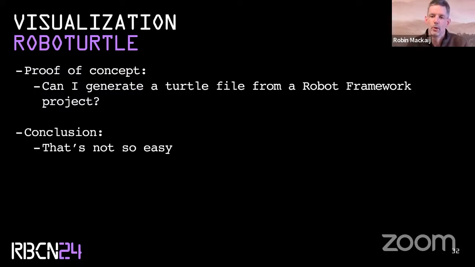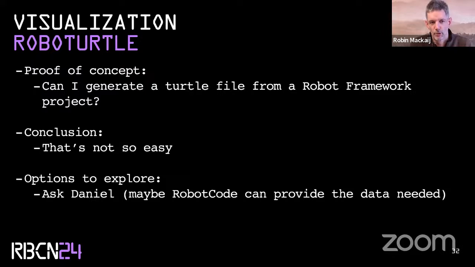The whole way Robot Framework parses our suites and imports, loads, and relates things, you kind of need to rewrite the parser to get this information. So it's quite a bit of effort. There were some options to explore.